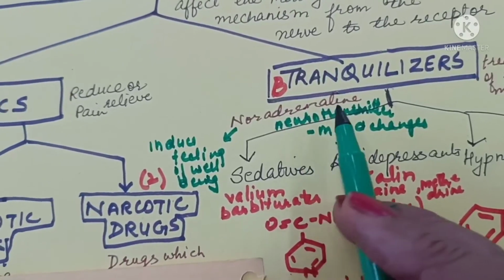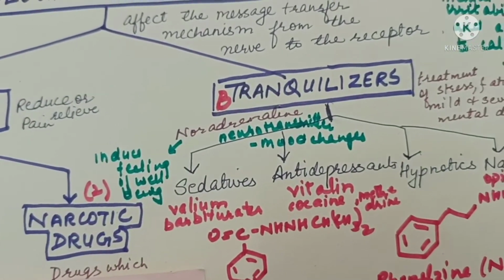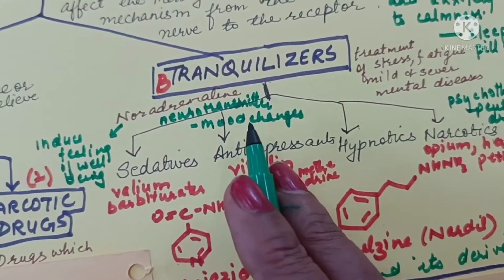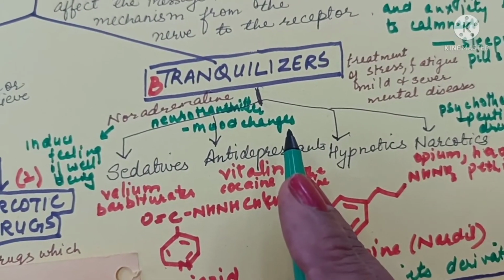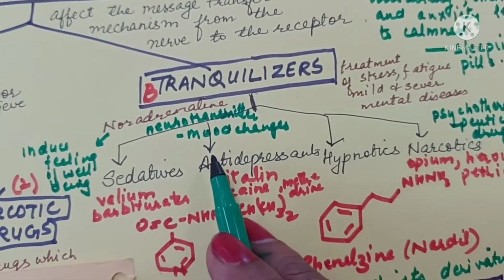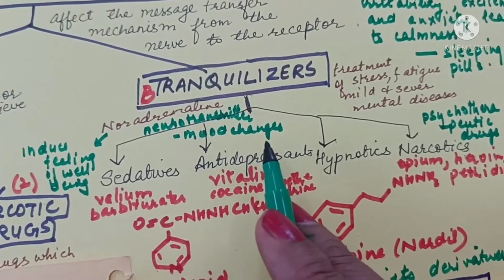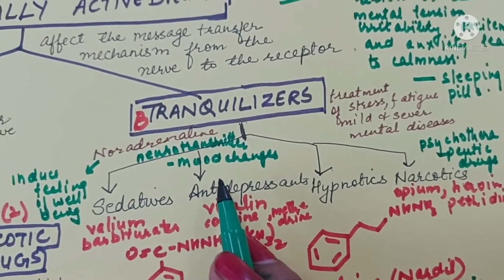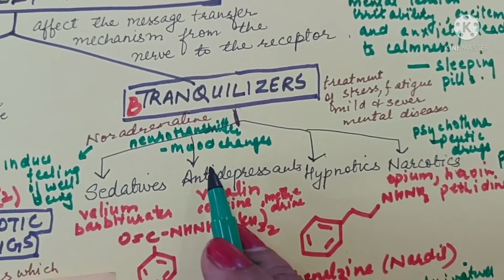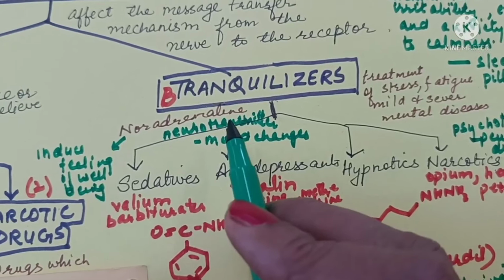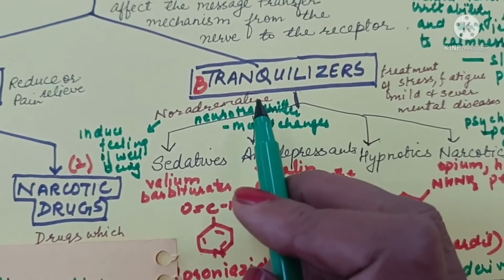Noradrenaline is a neurotransmitter that plays an important role in mood changes. If the level of noradrenaline is low due to certain reasons, then the signal sending activity of the hormone will become low and the person will suffer from depression.